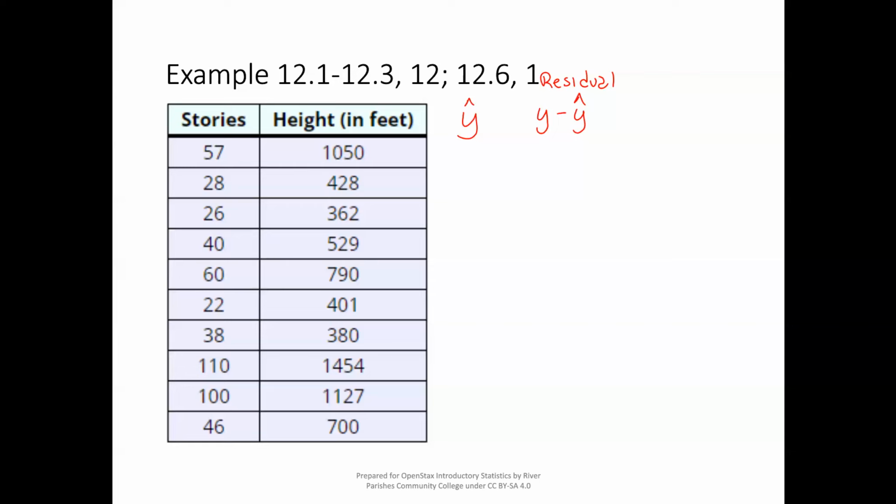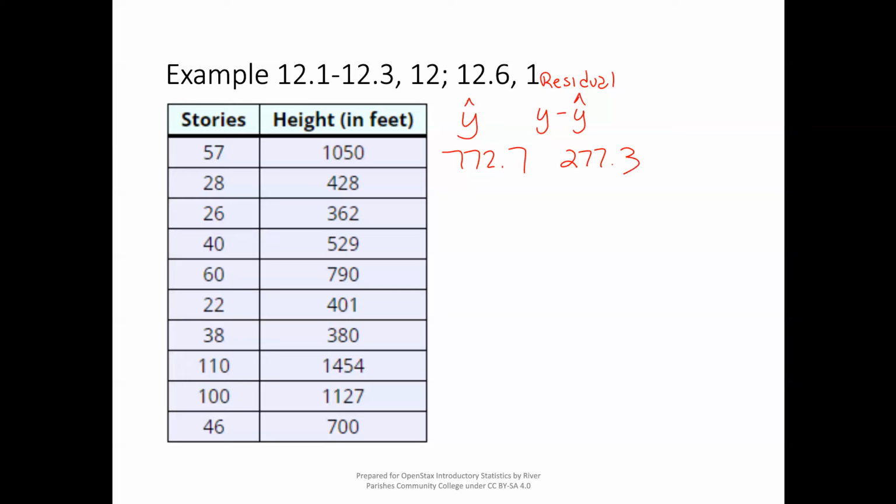Went too far. Okay, 57 is 772.7. So the residual is 1050 minus 772.7, which I get 277.3. And then you just do that for the rest of them.